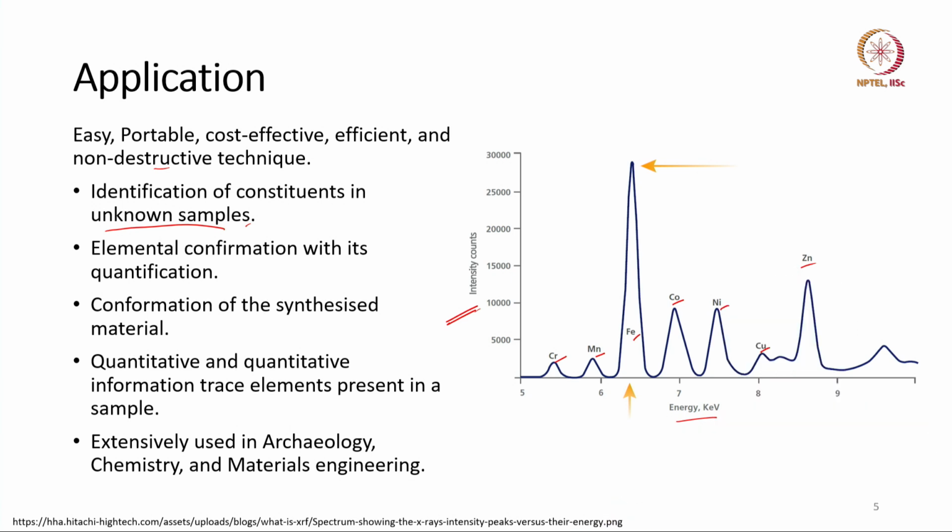And not only qualitative, XRF also has the ability to give quantitative analysis as well. We could find out how much percent of chromium, how much percent of manganese or how much percent of iron is available in our particular sample. So, this is the advantage of using XRF.